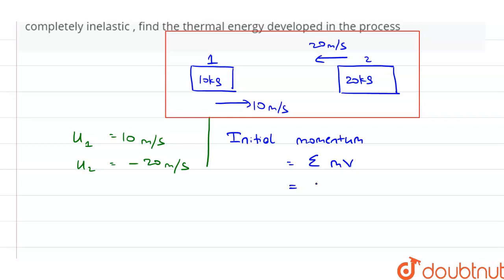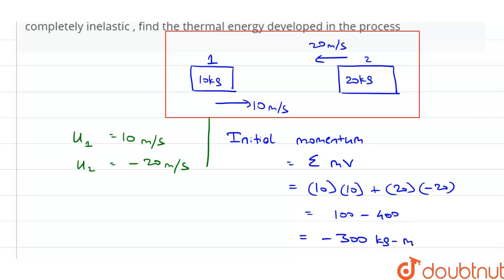Therefore, we have 10 into velocity 10, plus the 20 kg mass, 20 into the velocity minus 20, equal to 100 minus 400, equal to minus 300 kg meter per second. This is the initial momentum.